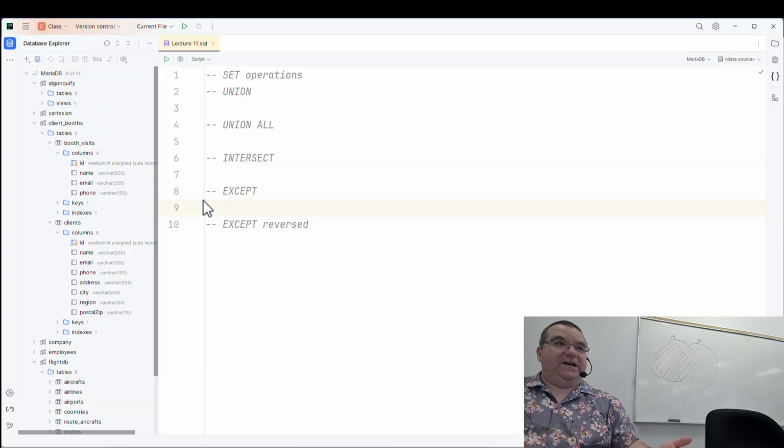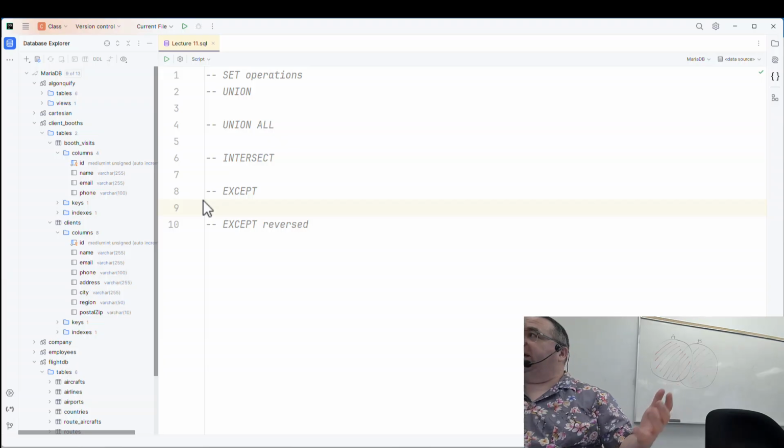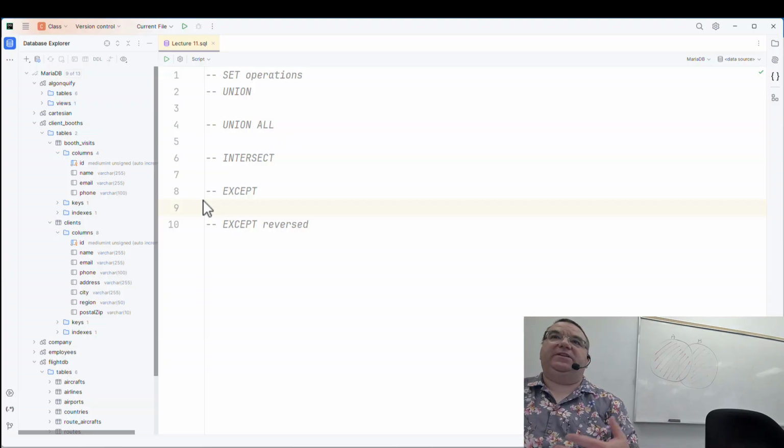So you have the clients, which is basically a list of clients that belong at a company. And then we have the booth visits, which is a list of people that visited a booth. This is really important information in the business world, even though this is super simplified compared to how it normally would be done.